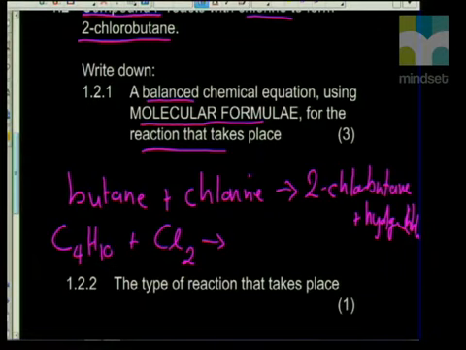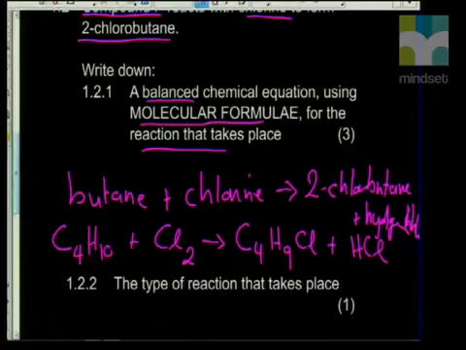And we're now going to make a substance where one of the chlorines exchanges positions with the hydrogen. So we're going to get C4, that stays the same, H9Cl, and we're left over with HCl, hydrogen chloride. So there's your balanced equation.